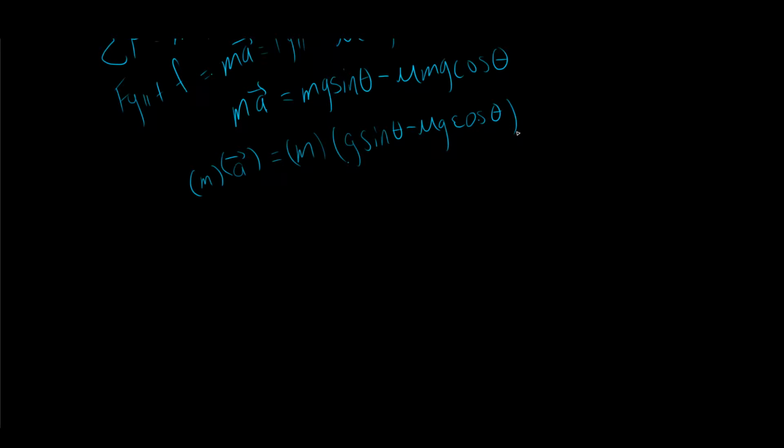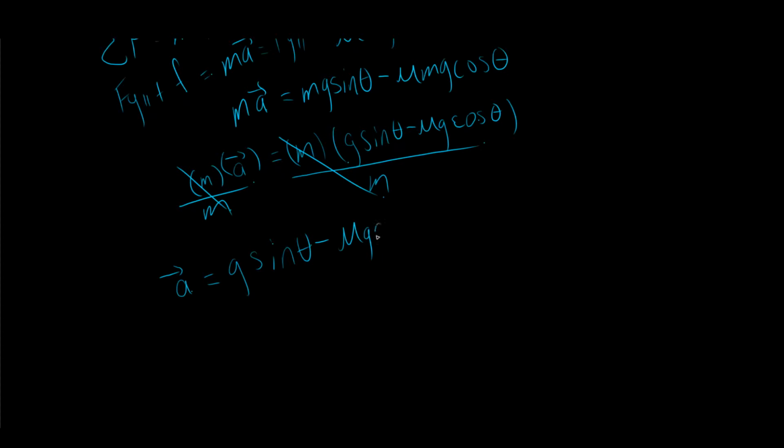What I just did there is factor out the m on the right side, and if we divide both sides by m, we get that the acceleration is just going to be equal to g sine theta minus mu g cosine theta, right?